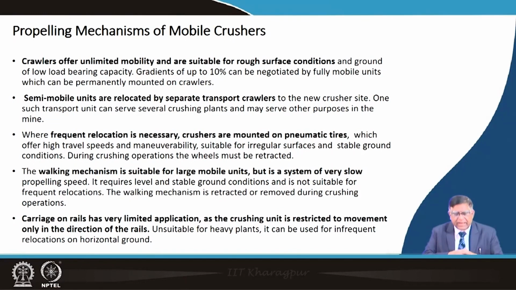The walking mechanism is suitable for large mobile units, but the system is very slow. When you are using a hydraulic walker, it may take 3-4 minutes to make one stride, so it goes very slowly. Sometimes it can even be rail mounted, depending on the situation and the mine design. Such types of things are available.